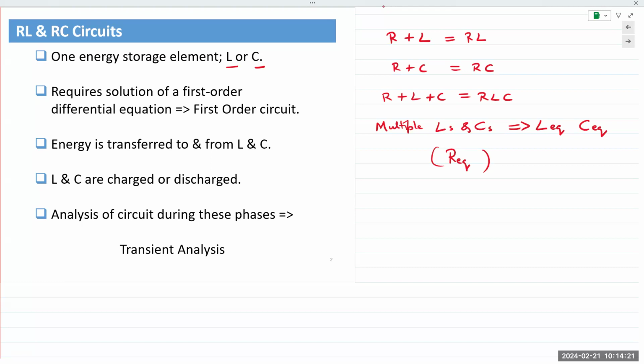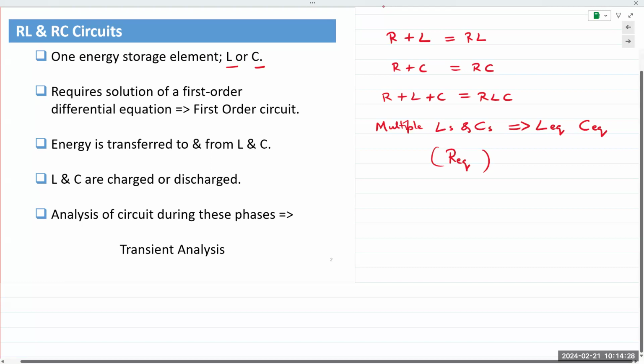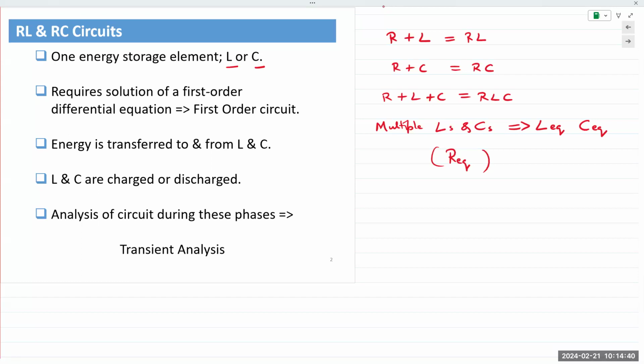Now we saw in chapter 3 the standard equations for the voltage and current for a capacitor and inductor, right? When a capacitor and inductor receives the energy or sends the energy back into the circuit, it does not happen in an instant, right? We cannot snap our fingers like Thanos and have it just charge or discharge in an instant.